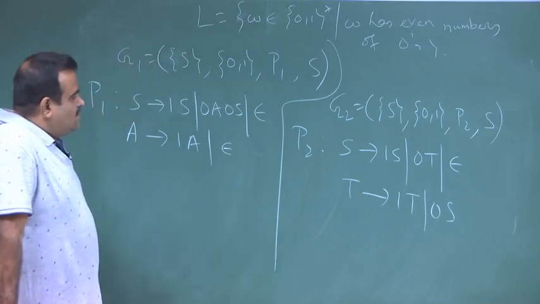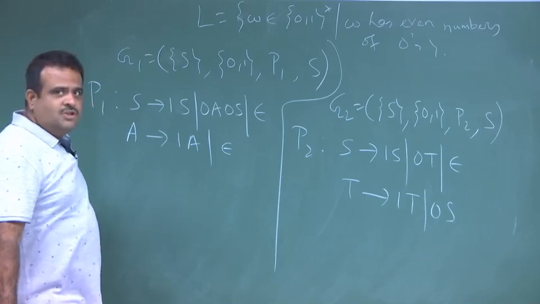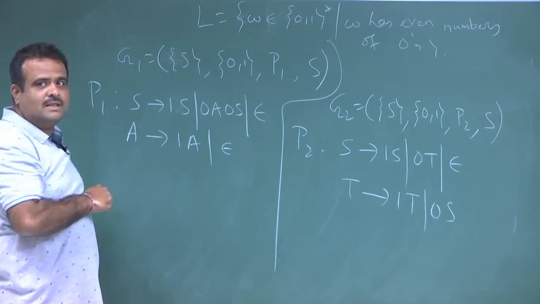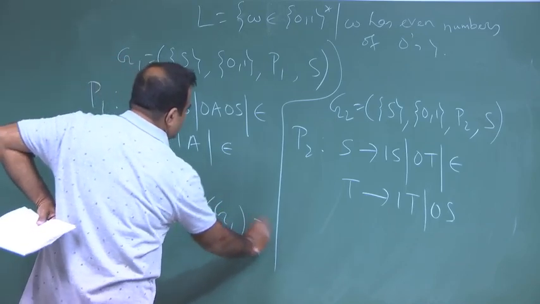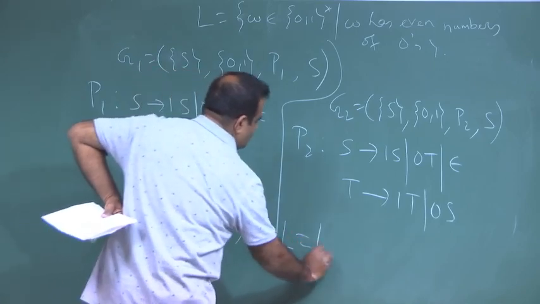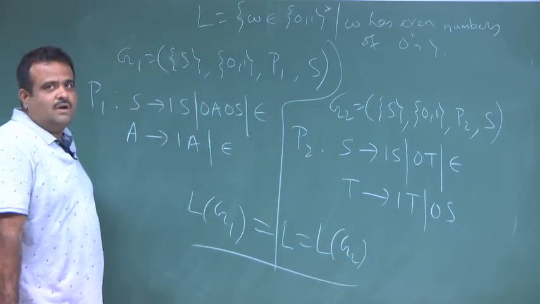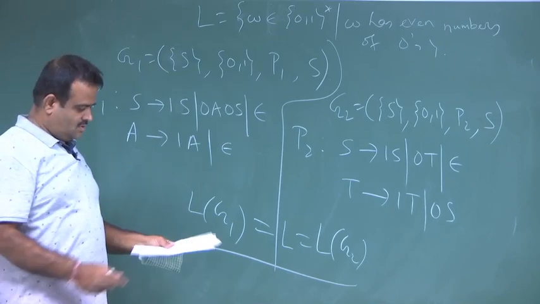If we have a 0, then we must have an S, because we need to have an even number of zeros. So, these two are different grammars, but they are accepting the same language. So, L of G1 is equal to L is equal to L of G2. This is one example where we can have more than one grammar for a given language.